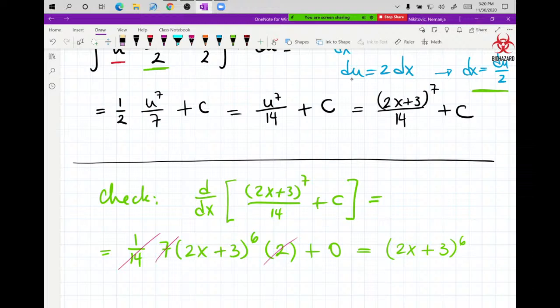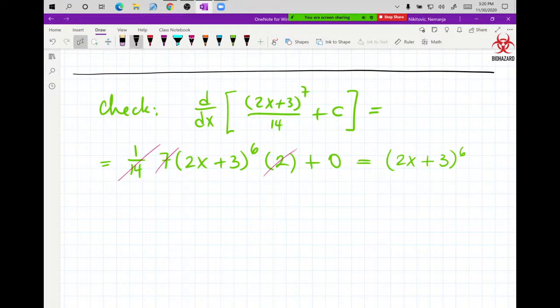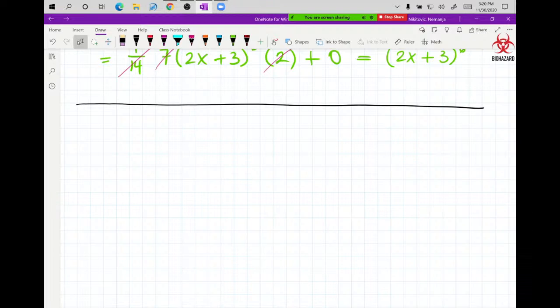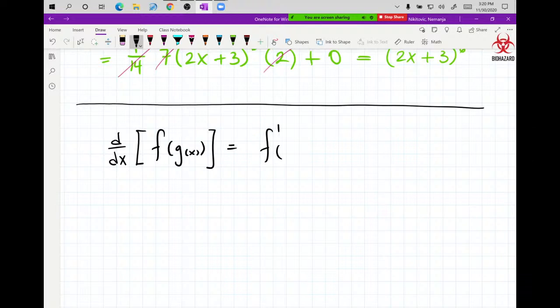So is it possible for us to write some kind of formula, which we will never use, for u sub? And the answer is yes, but no one ever uses the formula because it's just a ridiculous formula. We can construct that formula easily by writing down that the derivative of f of g of x, which is the chain rule, is equal to f prime of g of x times g prime of x.